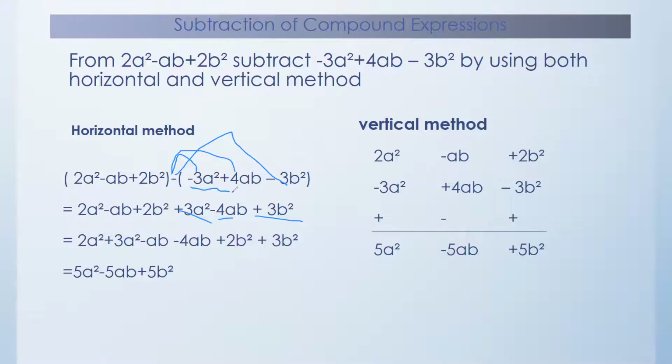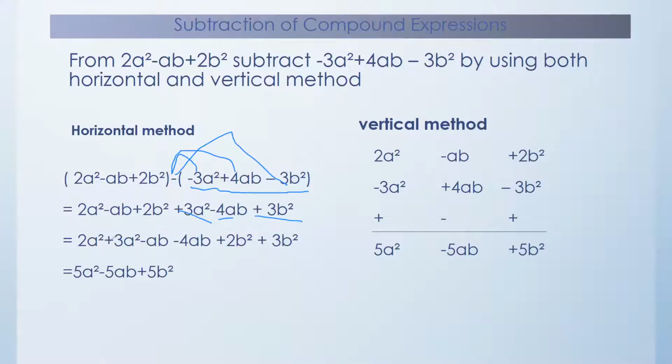It is going to be multiplied with the whole expression. Please note down this important point, that if the negative sign is out there from the bracket, it is going to be multiplied with the whole bracket. Not with the first term only. So I hope the second step is clear to you.